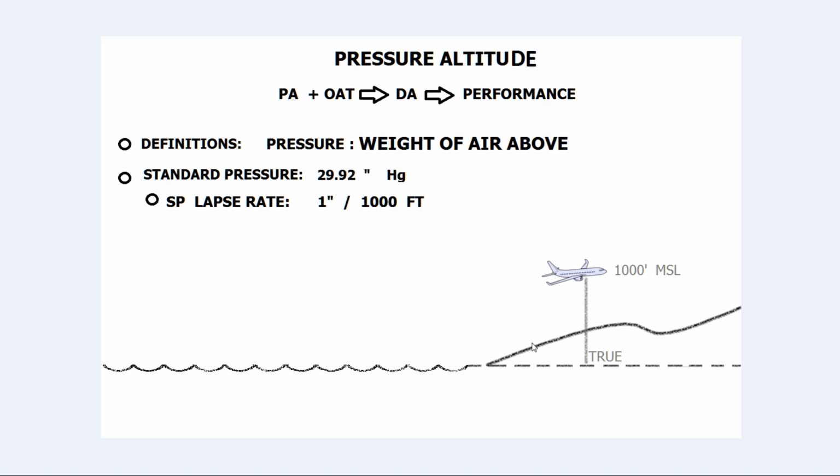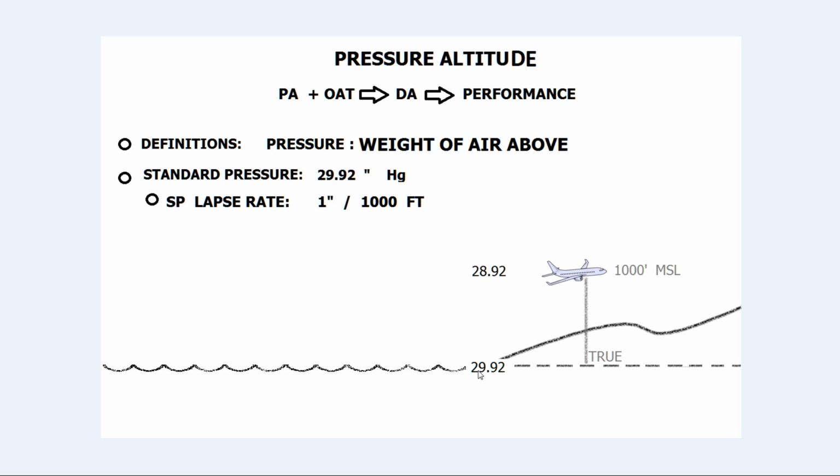So if this is a standard day, the standard pressure at sea level is going to be 29.92, and at our altitude, when we gain 1,000 feet, it's going to drop by 1 inch. So as you can see here, by 1,000 feet of altitude gain, we lose about 1 inch.